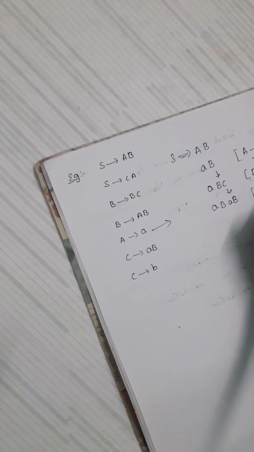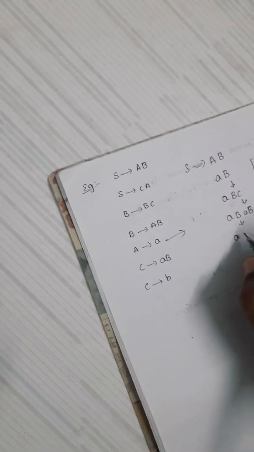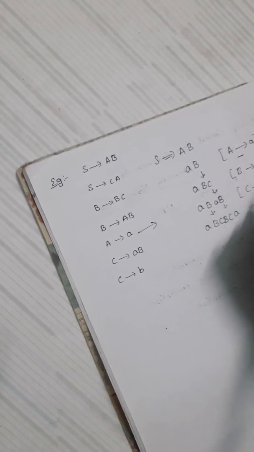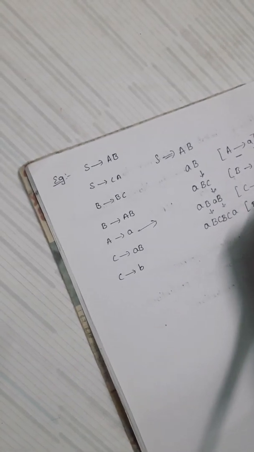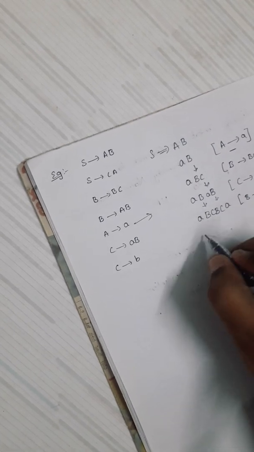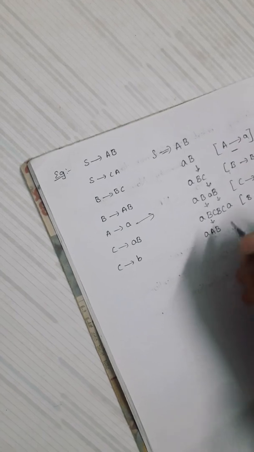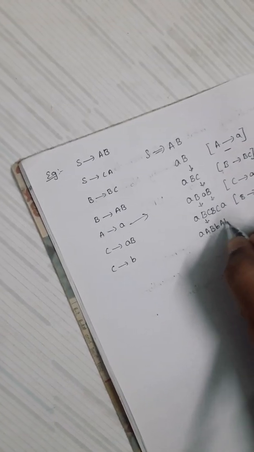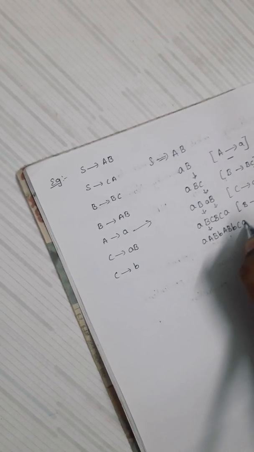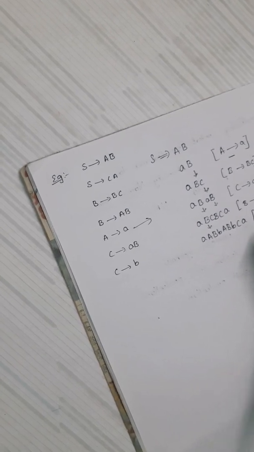Then considering B, we are taking BC, and for this B we are taking BC and then A, because B tends to BC. And then again for B, we are having AB, and for C we are directly writing B and then CA, as C tends to B and B tends to AB.